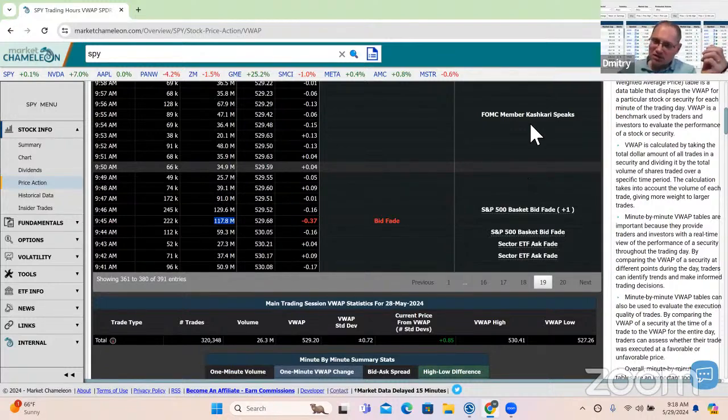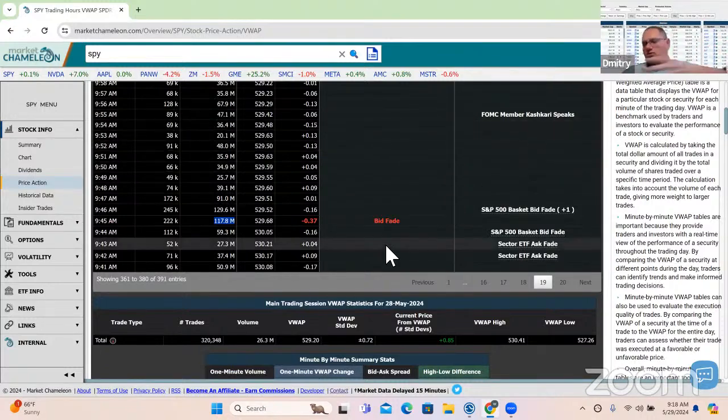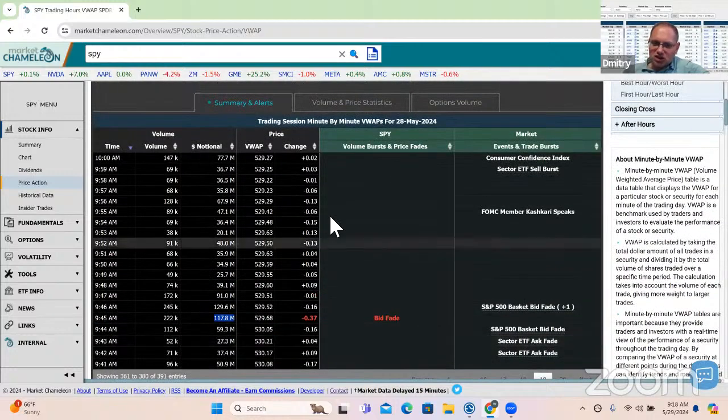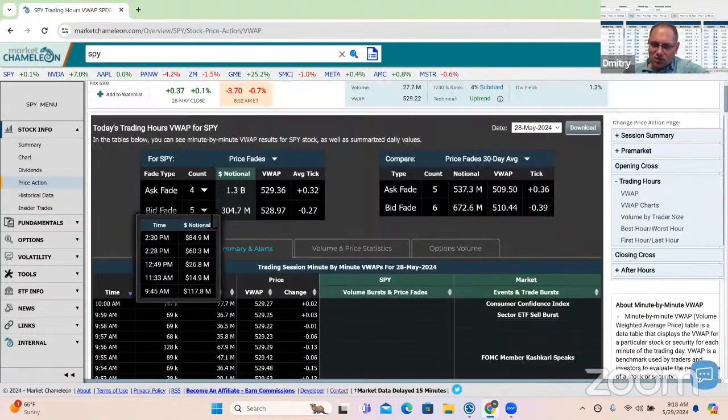There's an upcoming event, and you might see less liquidity, right? Because of that uncertainty. So that's what we look for. Was there maybe an explanation why there's a little bit less liquidity in the marketplace? So let's just keep looking at some of these other ones.